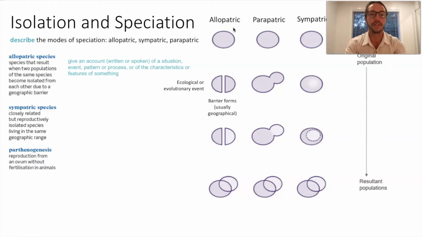And this gives opportunity for two populations to enter what is called reproductive isolation from each other, and in doing so, results in two new species. So reproductive isolation, as the name suggests, they just don't interbreed. And why? Well, in this case, there's a physical barrier, physically stopping them from doing so.